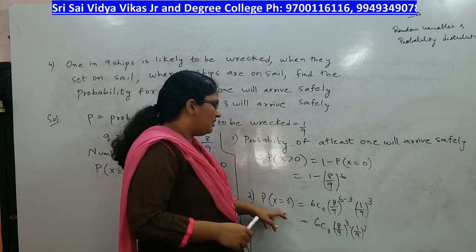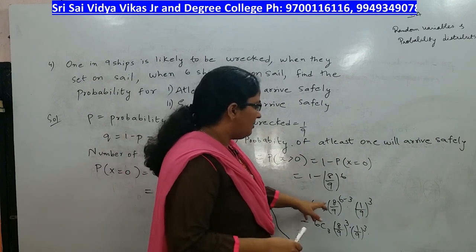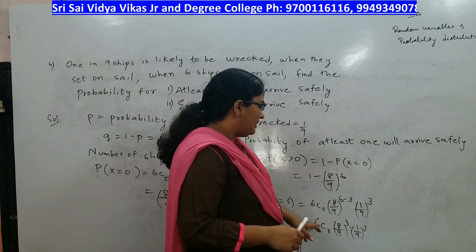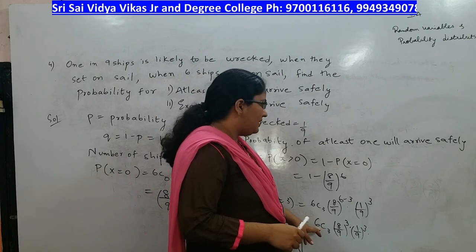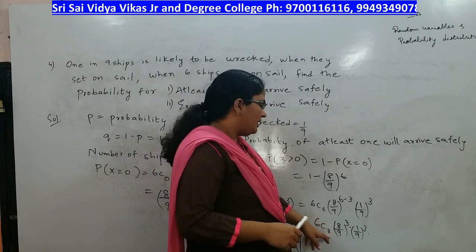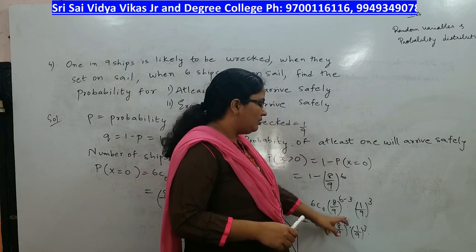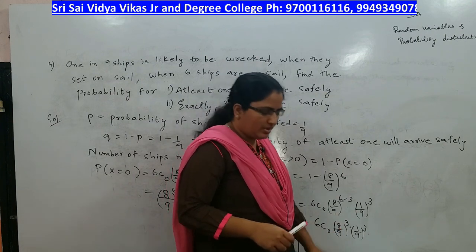P of x is equal to 3 is 6C3 (8 by 9) whole power 6 minus 3, (1 by 9) whole power 3. That is, 6C3 into (8 by 9) whole cube into (1 by 9) whole cube, that is what you have here.